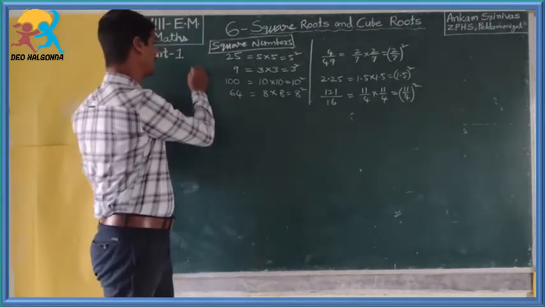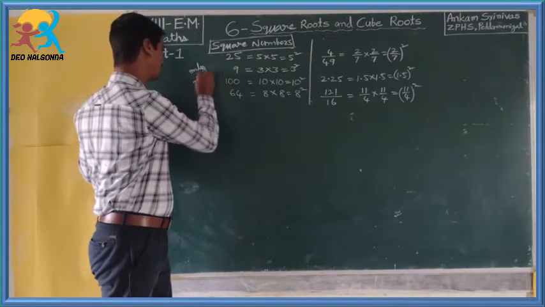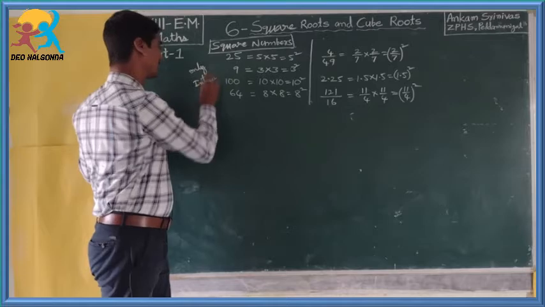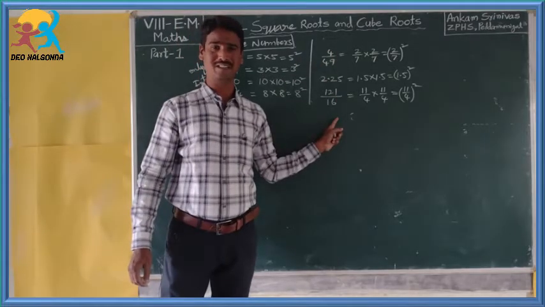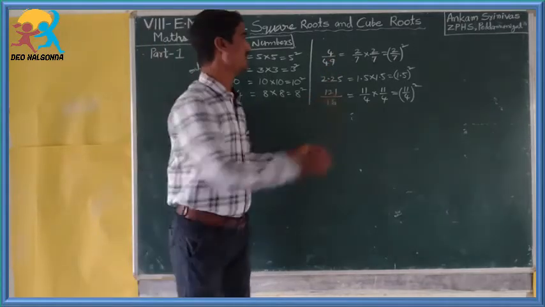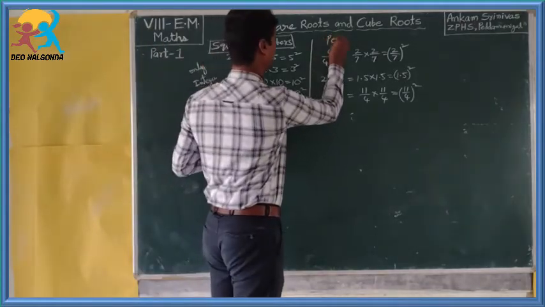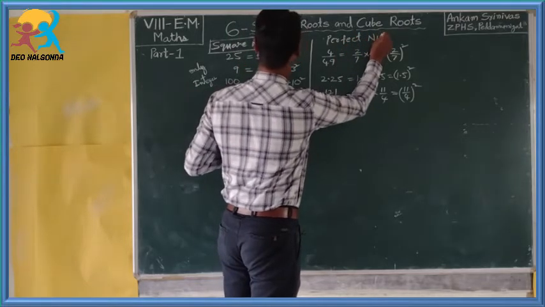Here we had taken only integers, but here I take rational numbers. That means these types of numbers are called perfect squares.